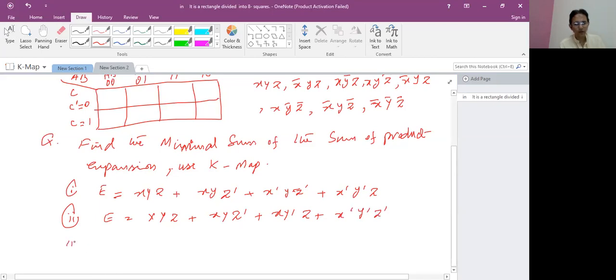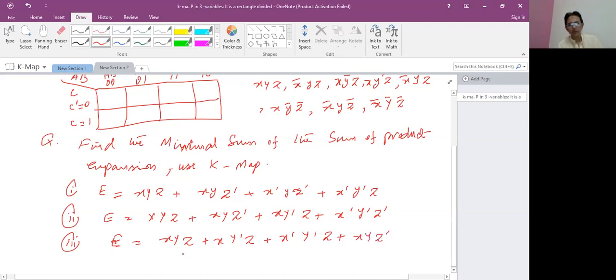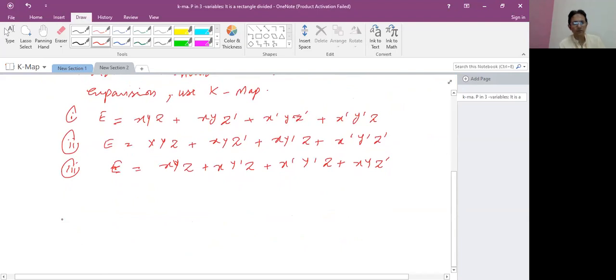Now the third part, the Boolean expression E is equal to x y z plus x y complement z plus x complement y complement z plus x y z complement. So these are the Boolean expressions I have given, and we draw the map and find the minimal sum.